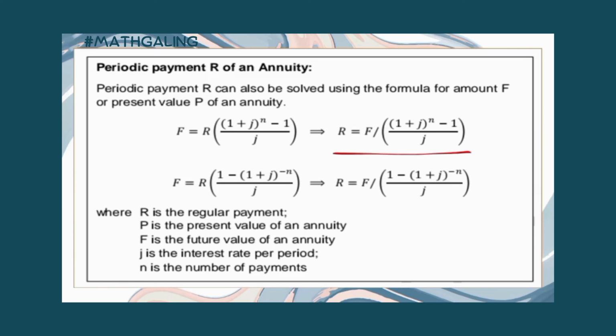And if you are looking for regular payment with a given future value, let us have regular payment equals future value over the quantity 1 plus I raised to n minus 1 all over I.